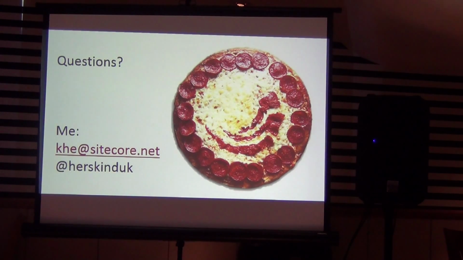Question here. Yes? Can we potentially index properties of a sublayer using an analyzer or some other method? Yes, I'll probably reach for a computed field to fish stuff out, because they're stored on the item. So that should be possible.